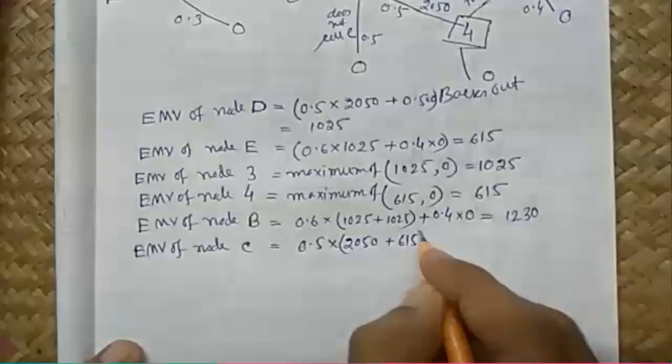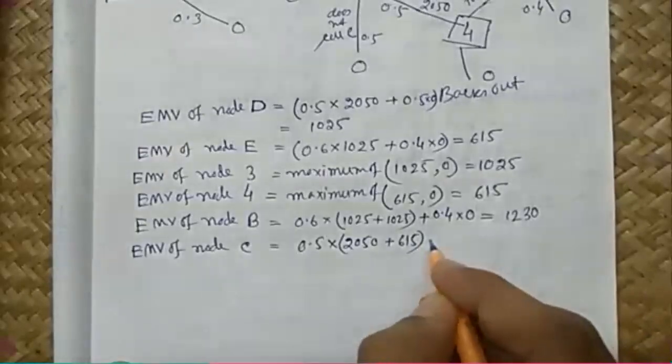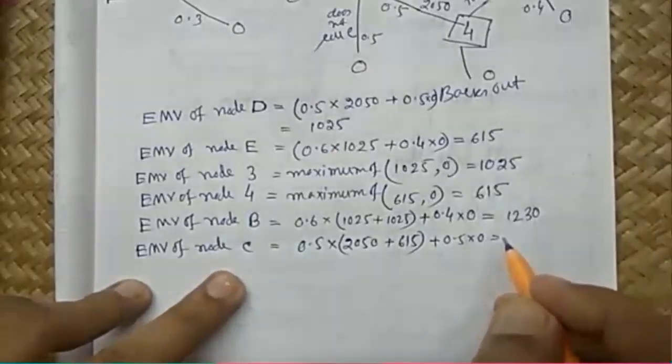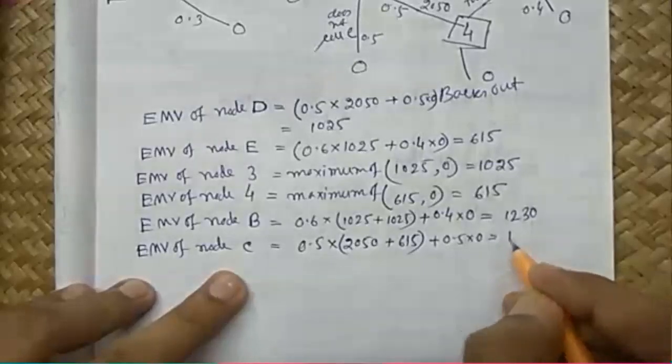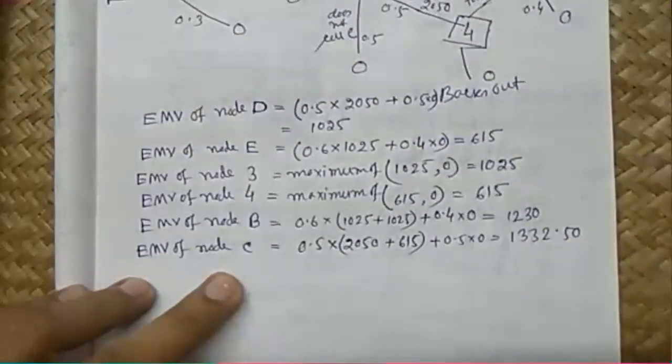Very good. Then plus 0.5 into 0. Yes, right. Very good. So upon calculating, we get the EMV of node C.